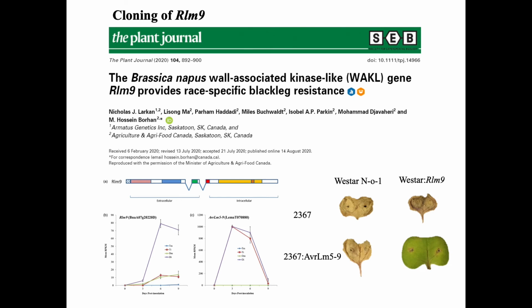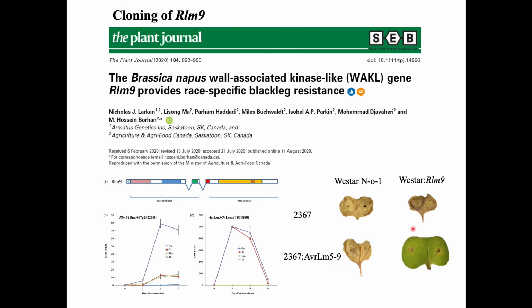For RLM9, we cloned the genomic construct and transferred it to Topaz and, as you see here, to WAS. As you see here, WAS transgenics containing RLM9 become resistant against the corresponding AVR gene, AVR LM59.